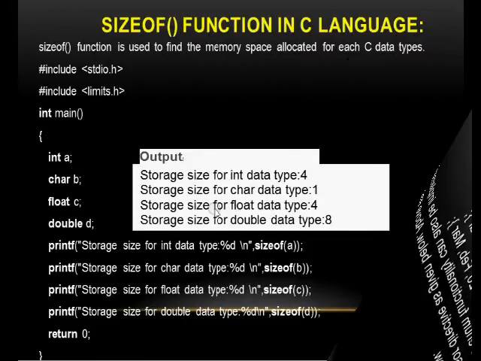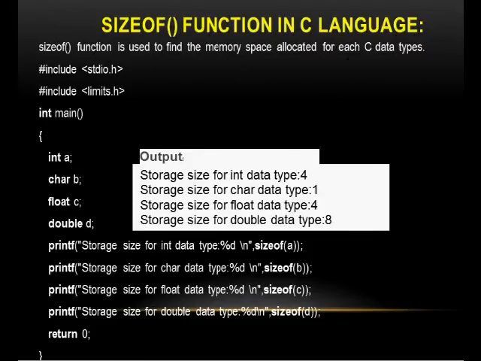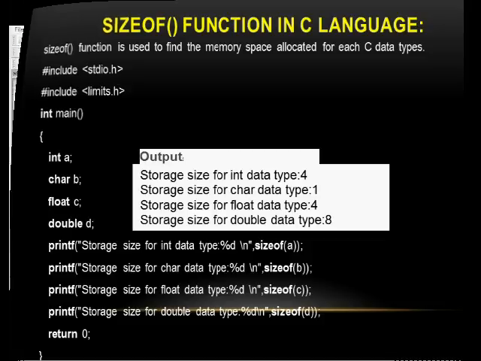Now, the sizeof operator in the C language. The sizeof operator is used to find the memory space allocated for each data type. If you want to find how much storage a data type takes in your system, let's type this program. Open your Code::Blocks.